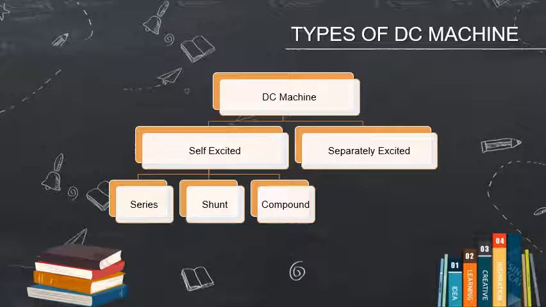So the DC motor is also classified into two categories, self-excited DC motor and separately excited DC motor. Similarly, the generator is also classified into two categories, self-excited DC generator and separately excited DC generator.